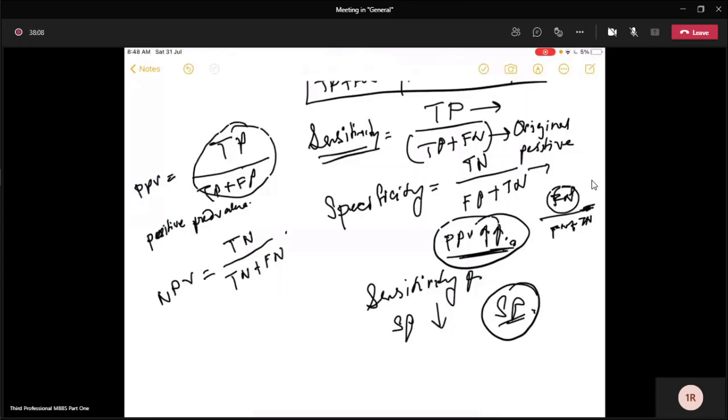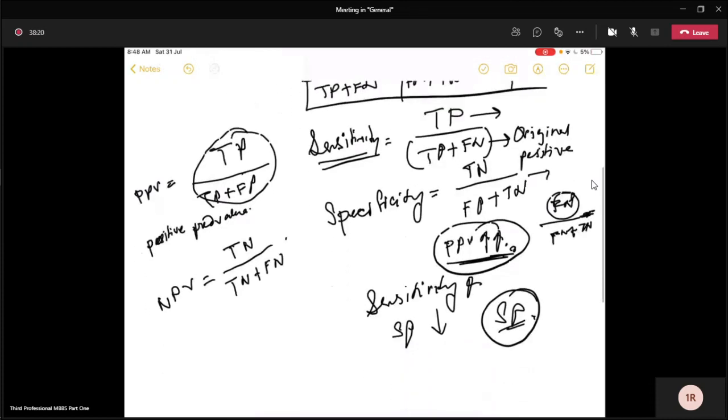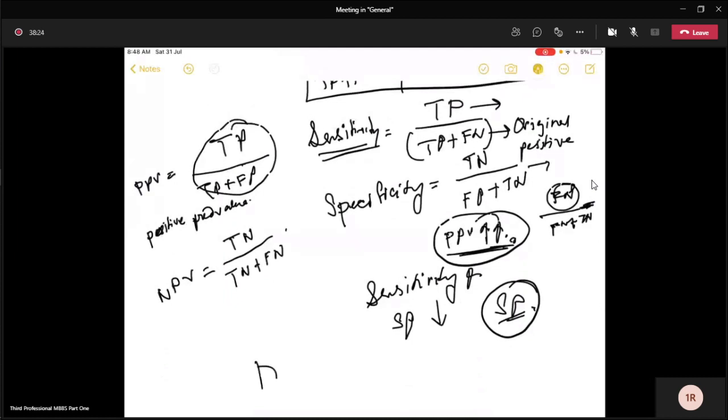But at the same time, it may turn many positive people negative. That is, false negatives may also be there. So in the case of a diagnostic test, specificity is high, sensitivity may be low.